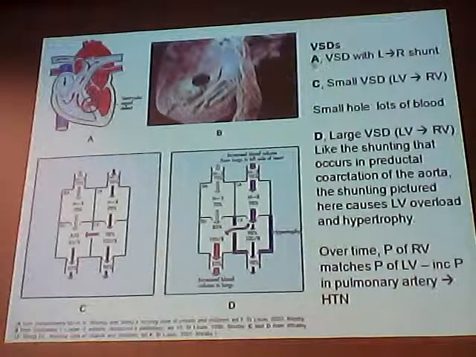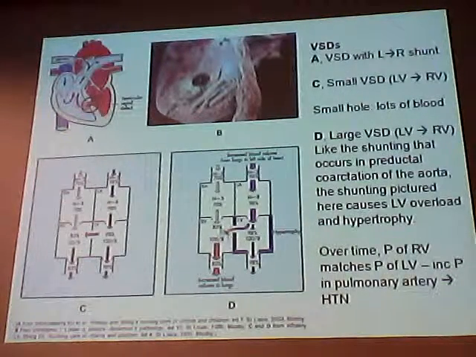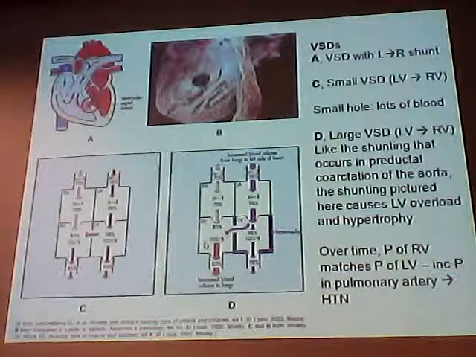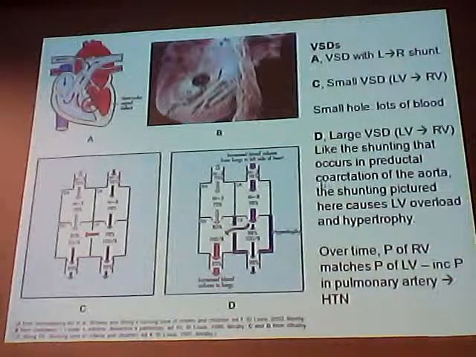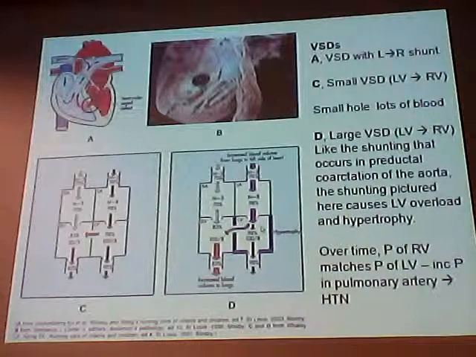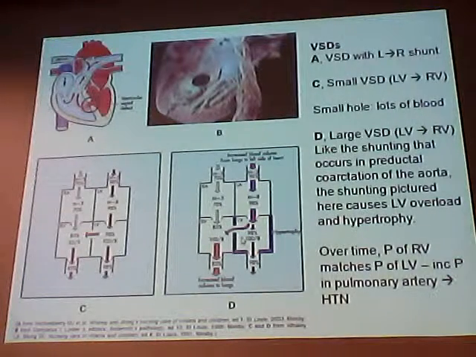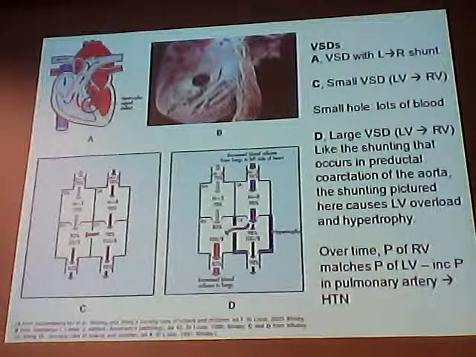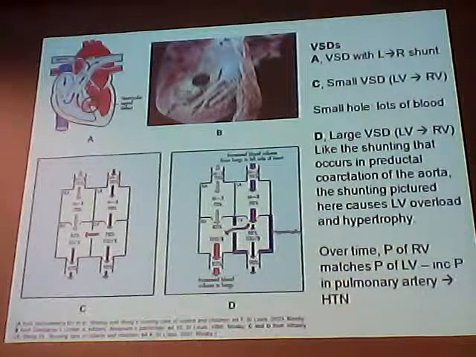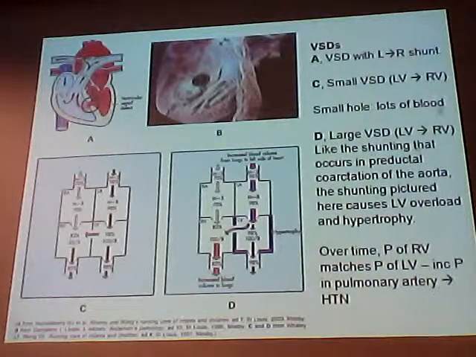A ventricular septal defect is kind of the same thing, just with the ventricles, left ventricle to the right ventricle. But in this case, your left ventricle starts to hypertrophy because it needs to pump a little harder to get all of that blood out to the rest of the system.